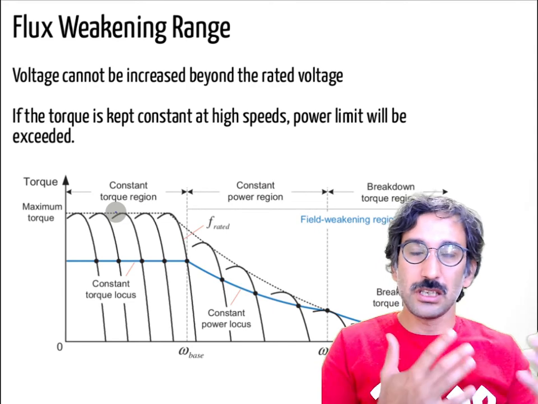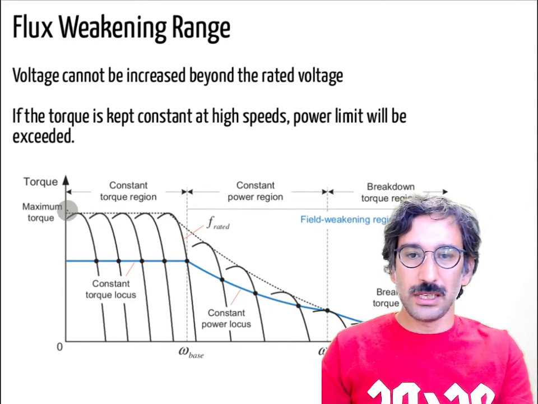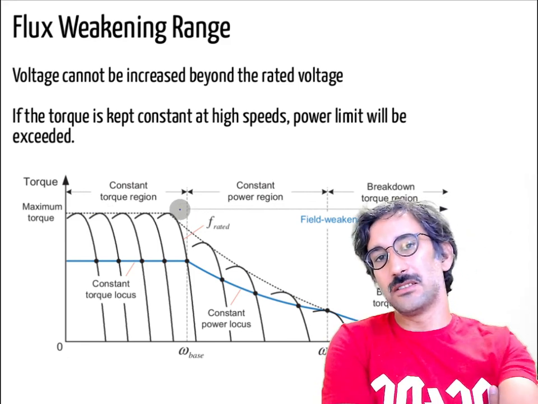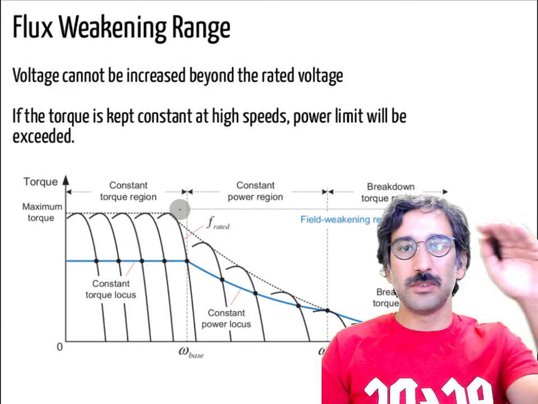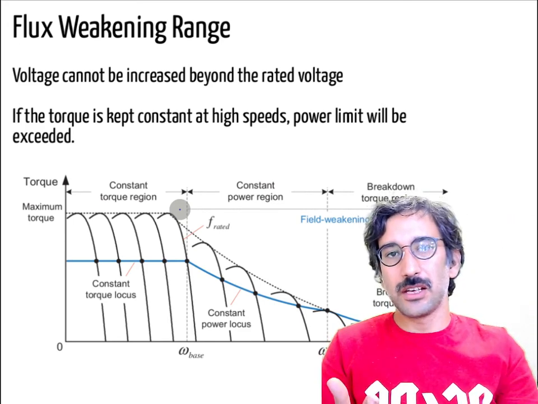But if you want to increase the speed even further, then what happens is you get into the rated voltage value. So you keep the rated voltage value, but you keep increasing the frequency.